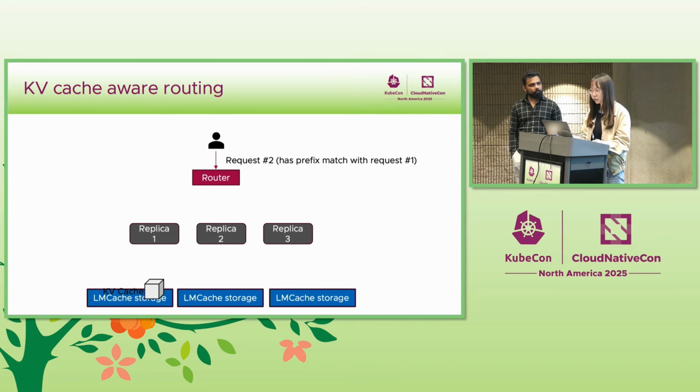Basically, this manager keeps the information of which location the KV cache sits in. The KV cache manager of LMCache tells the router that the KV cache is in replica 1, so the router sends the request to replica 1. Then the KV cache will be loaded from the local memory to the GPU memory of replica 1. With this, the TTFT can be largely reduced because we can reuse the repeated computation that happened before on this replica.